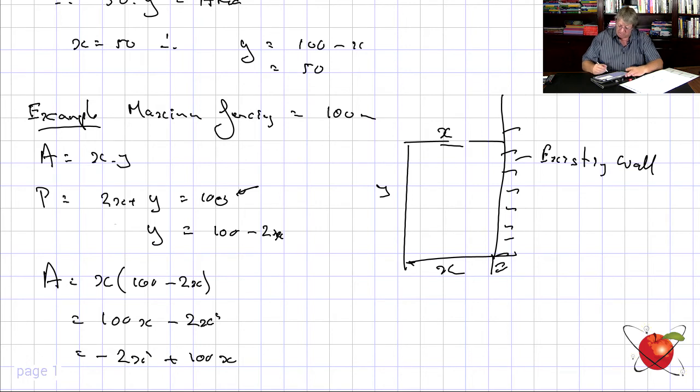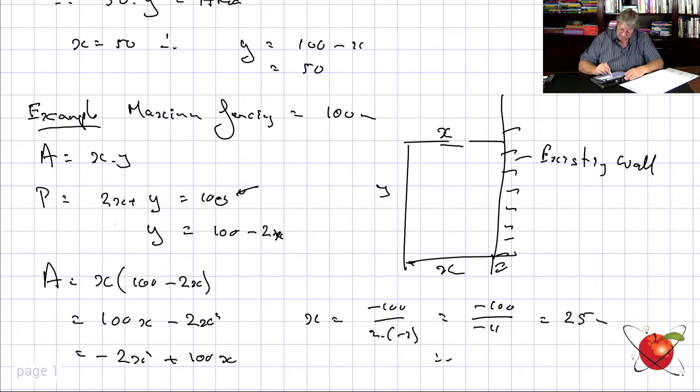Now I say, okay, minus b over 2a for the turning point is minus b over 2 times minus 2, which is minus 100 over minus 4, which is equal to 25 meters. Therefore, if that's 25 meters, let's work out 50. So this y must be equal to, let's have a look. This is 25.